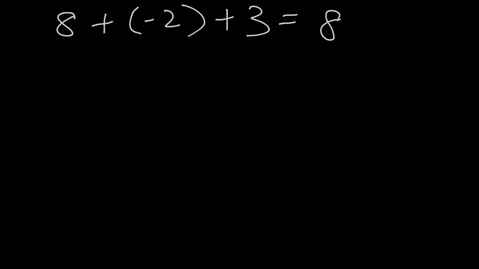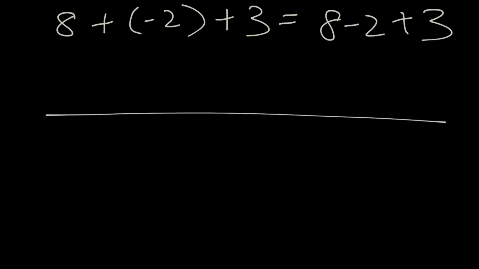Now what if you have 3 numbers adding together? For example, 8 plus -2 plus 3. We will rewrite this as 8 minus 2 plus 3. And from the number line, I start my point at 8, and I'll go left.